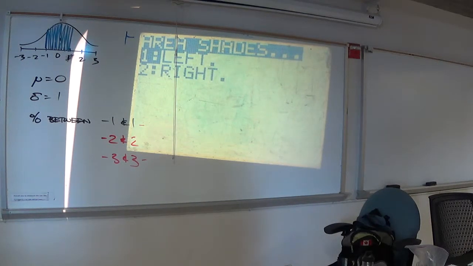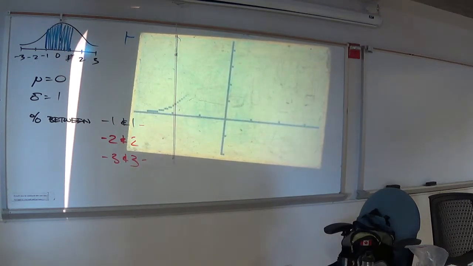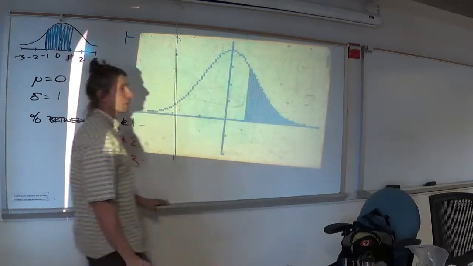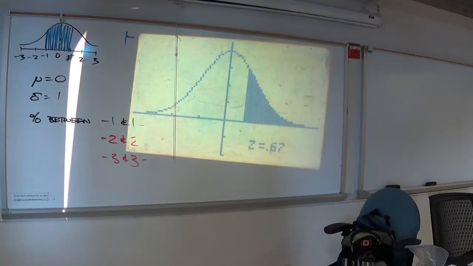Is that fair? So let's shade to the right, and we want to shade 25%. And here it comes. There's your 0.67. Now, you do realize if you had shaded left 75%, you would have gotten the exact same z-score, wouldn't you?